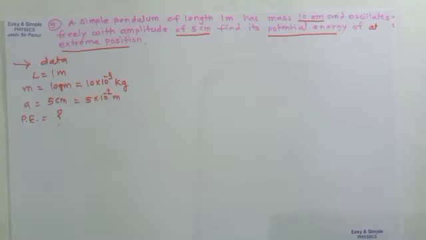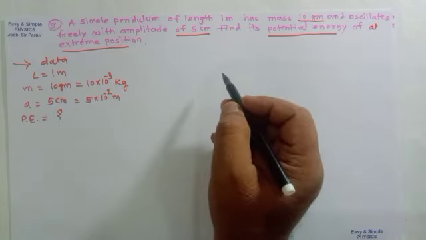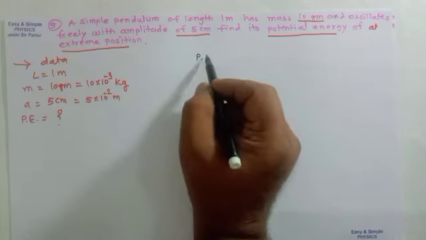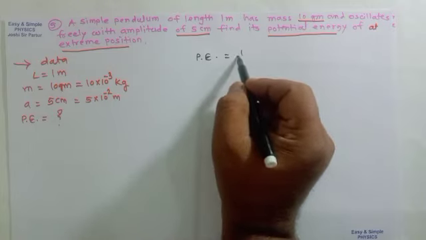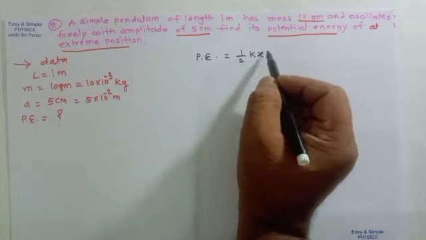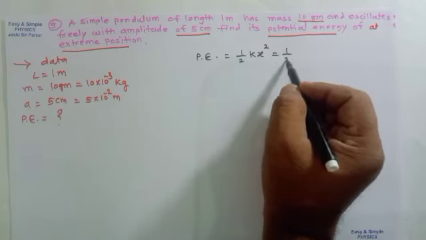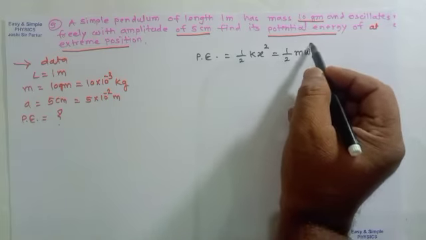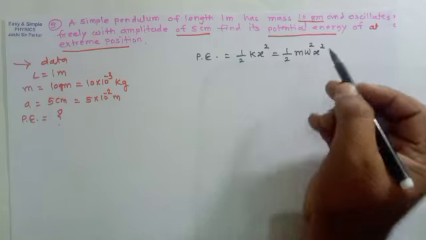First of all, we know that the potential energy of a particle performing linear simple harmonic motion will be half kx square or half m omega square x square.